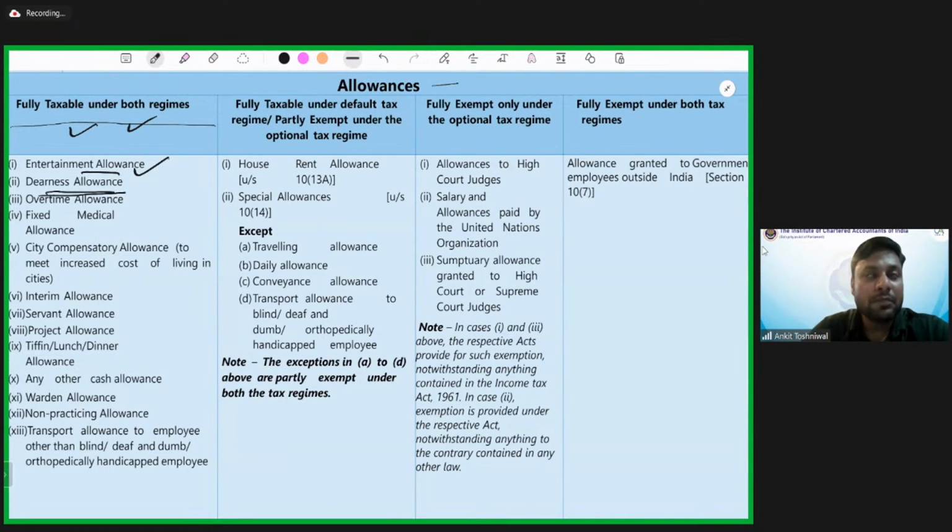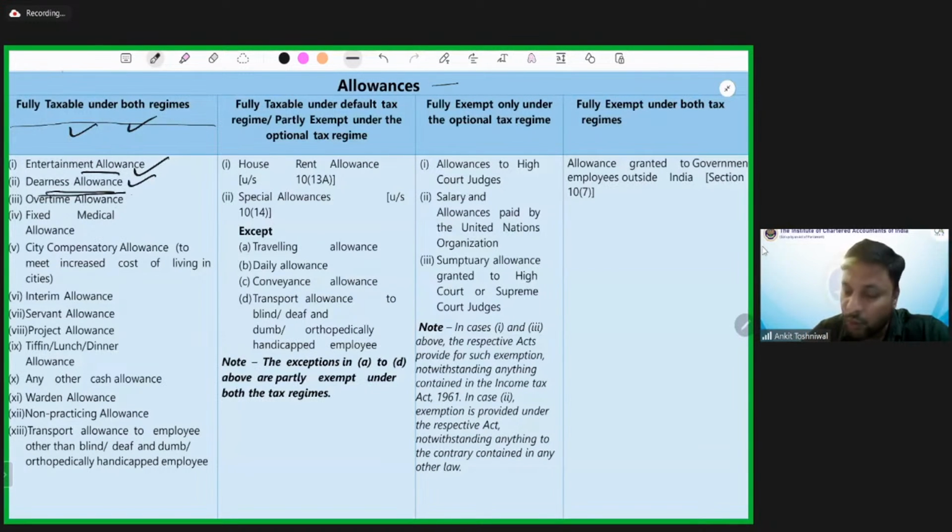Dearness allowance is provided by the company in order to meet inflation. Your salary is 10,000 per month fixed, but inflation is increasing day by day. So the company is providing an allowance to cope up with that inflation. That's why it is known as dearness allowance. Fine, it is fully taxable.